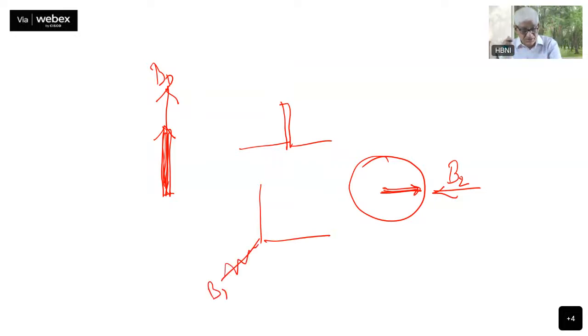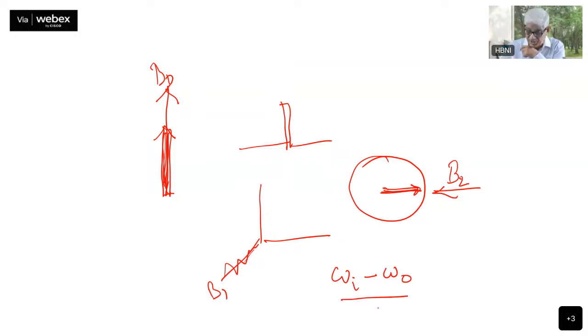The B1 field was sufficiently strong so that the entire magnetization would tend to align itself with respect to the B1 field, because it is much stronger than the field in the rotating frame, which is omega I minus omega naught, the individual frequency offsets.